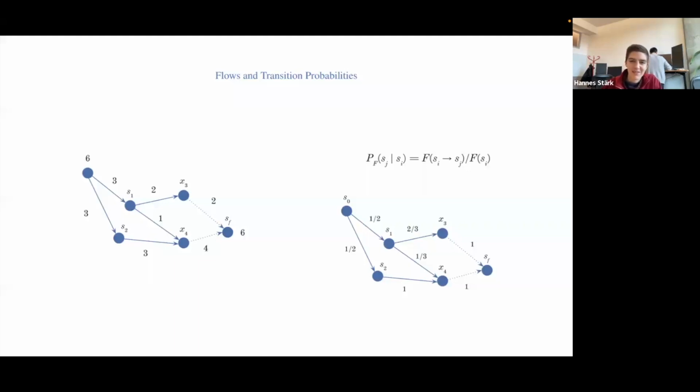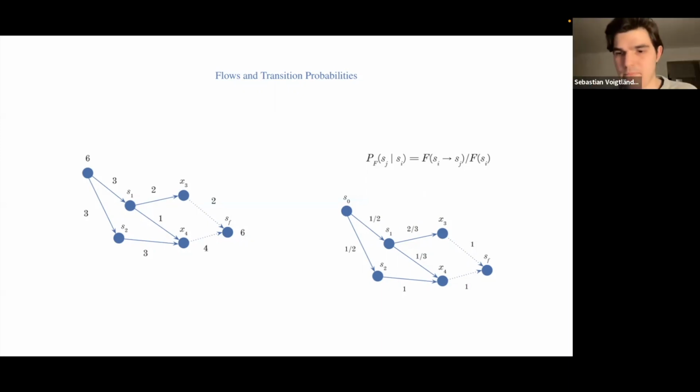Maybe a quick recap. We calculate our forward probabilities by taking the total flow, like the F of S0, and we take the flow in a single arrow and divide that by the total flow coming into the parent.